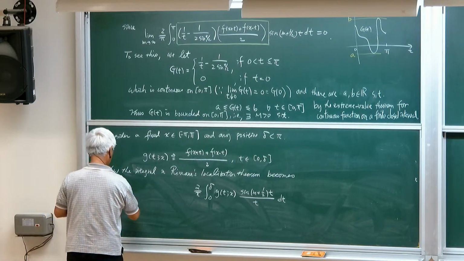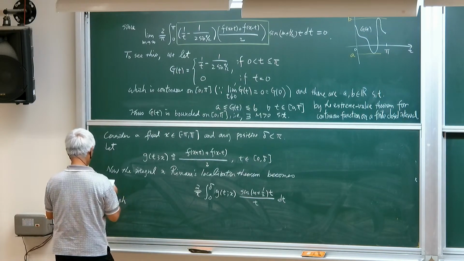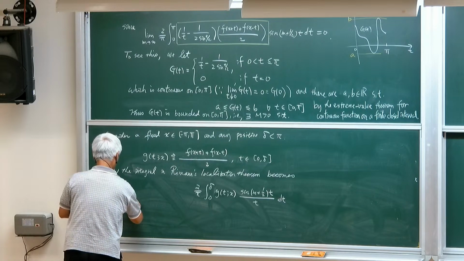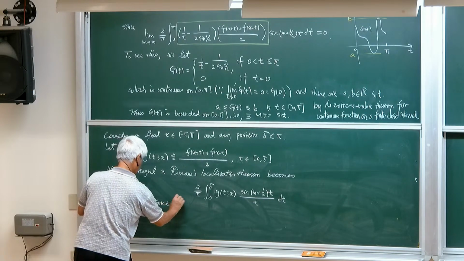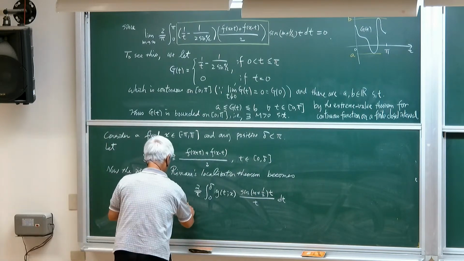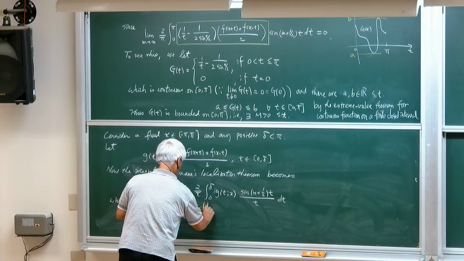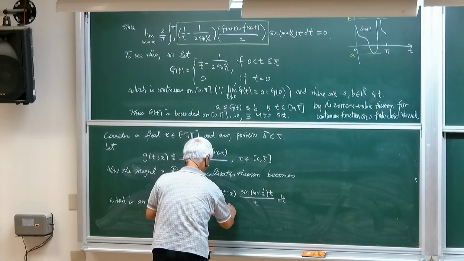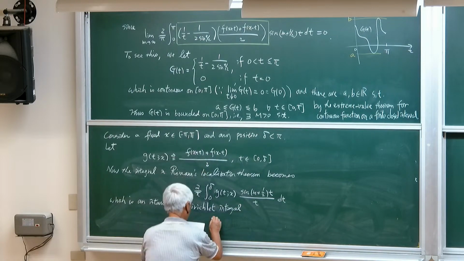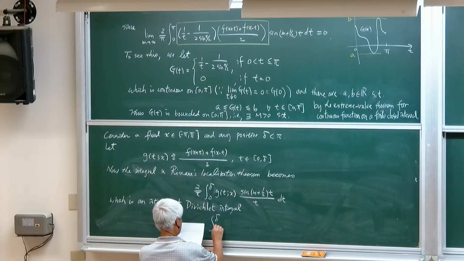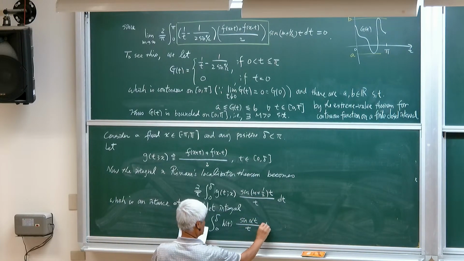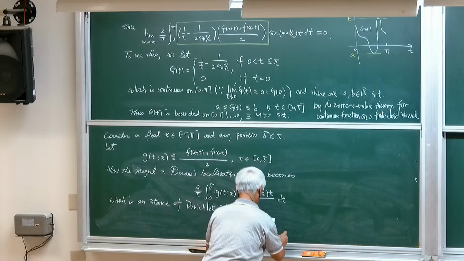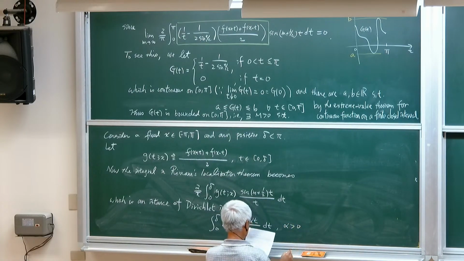And this integral, which is famous in the mathematical community, is an instance of the Dirichlet integral. The Dirichlet integral takes the form, from 0 to delta, of h of t, sine alpha t divided by t, dt, for alpha greater than 0.